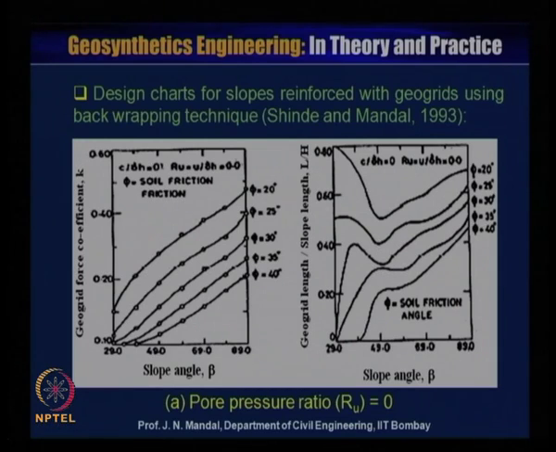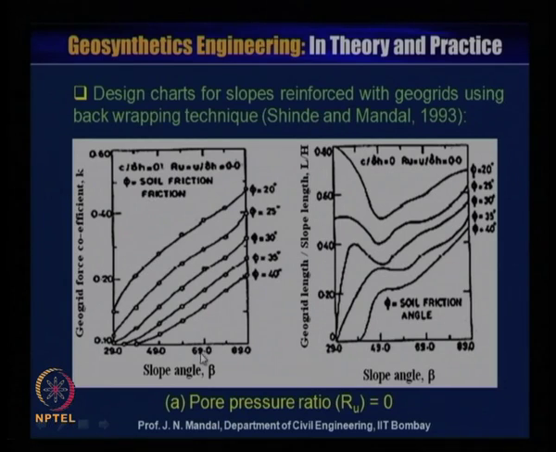When the pore water pressure ratio RU is equal to 0, from this chart, this is the slope angle beta, this is the angle of friction phi, and this is RU, that is gamma by delta H is equal to 0, and this is the geogrid force coefficient. So, this is K.